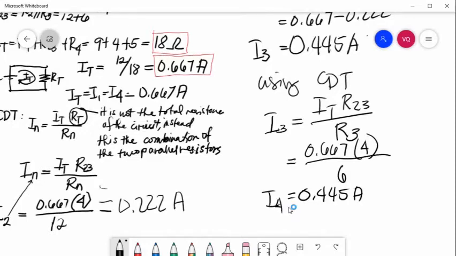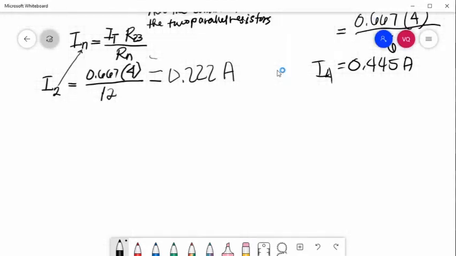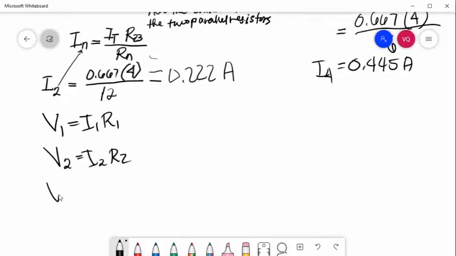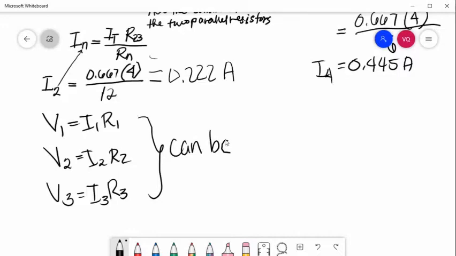This is I4. For the voltage drops in each branch or in each resistor, we have the formula again. V1 is equal to I1 R1. V2 is I2 R2. V3 is I3 R3. So these voltage drops can be measured using a voltmeter.